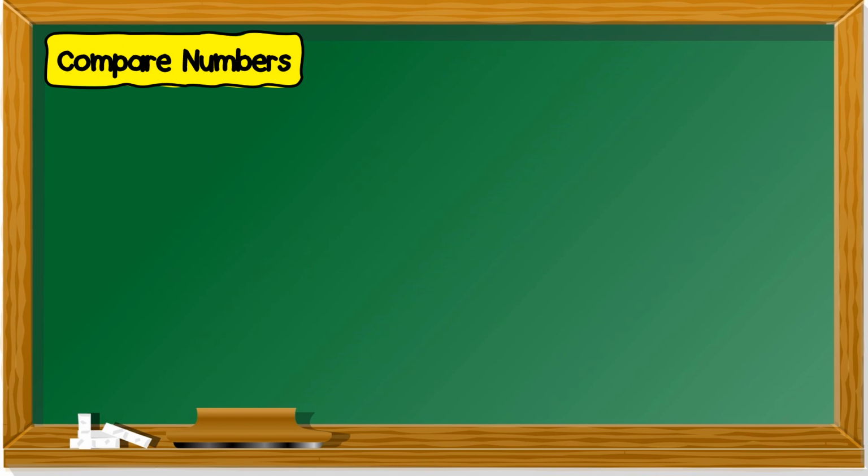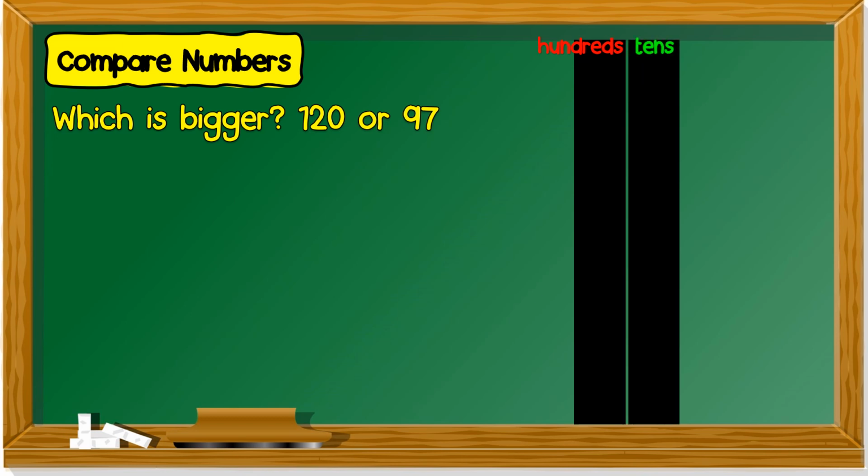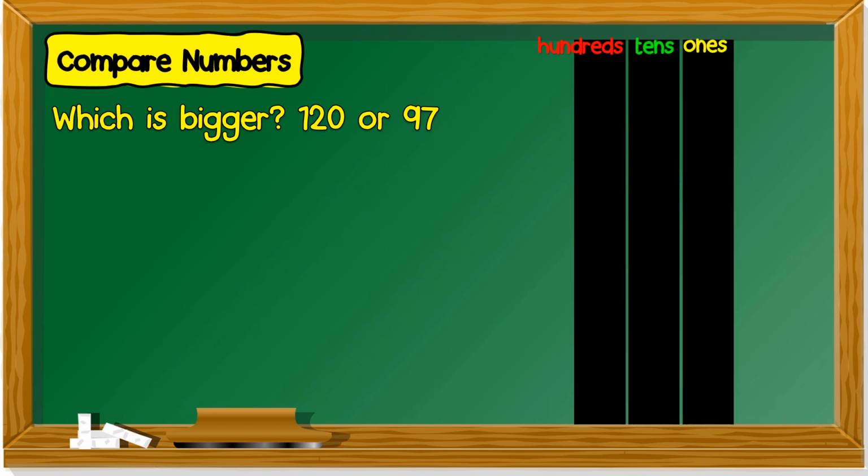Which is bigger? 120 or 97? You can draw a table of hundreds, tens, and ones like this to compare. You put the numbers in, starting from the ones.